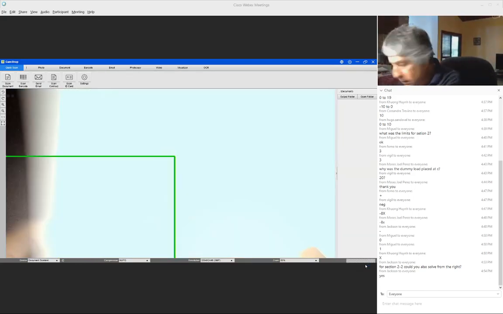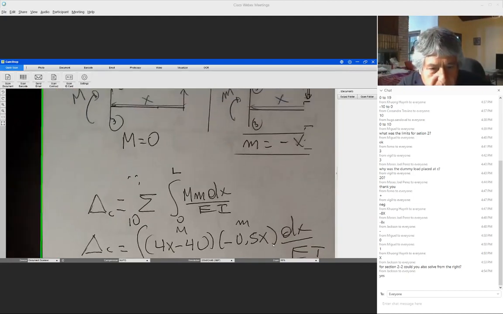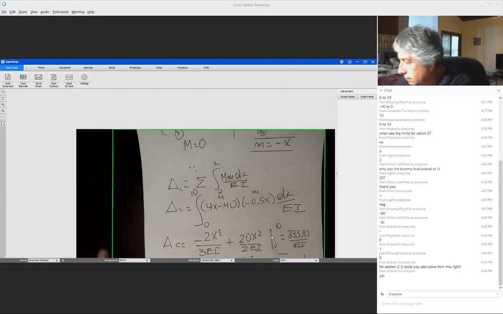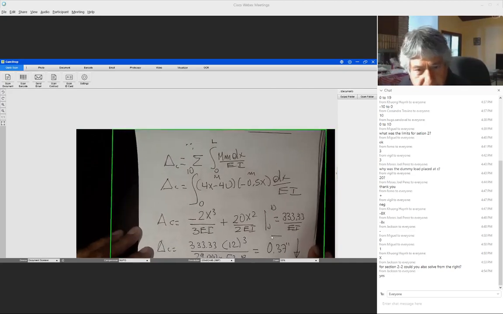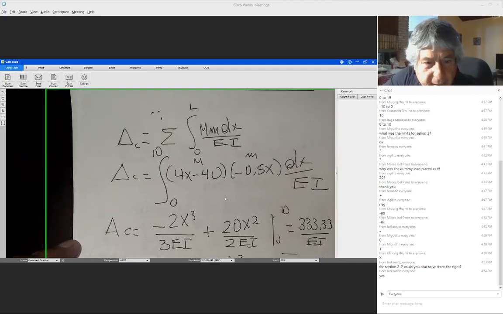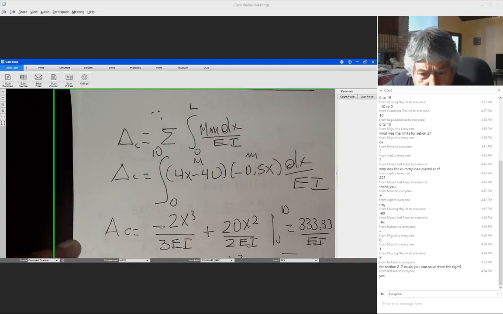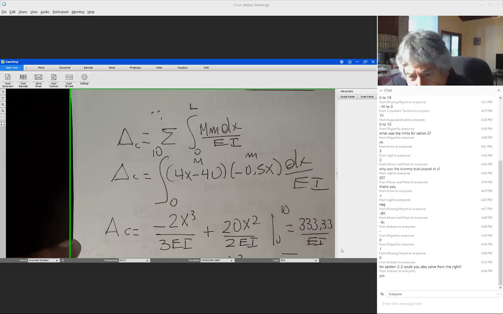So this in here gives me M times little m dx over EI. It comes out as minus 2x cubed over 3EI plus 20x squared over 2EI, integrated between 0 and 10.